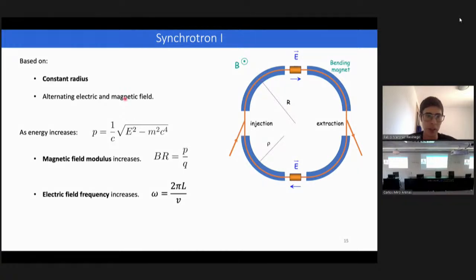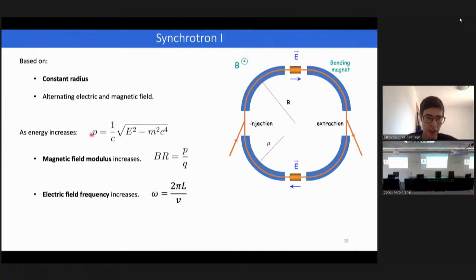A synchrotron is based on a constant radius machine with alternating electric and magnetic fields. So I will have my particle traveling around this closed path all the time. I will have an alternating electric field that will increase the particle's energy, and a magnetic field that will keep my particle in this closed path.